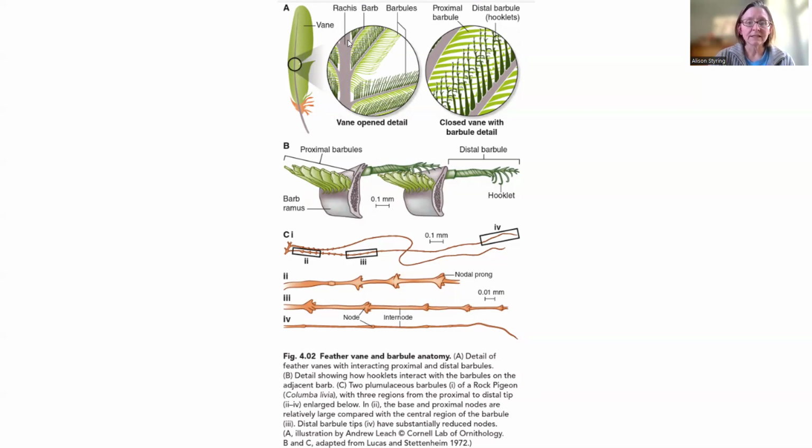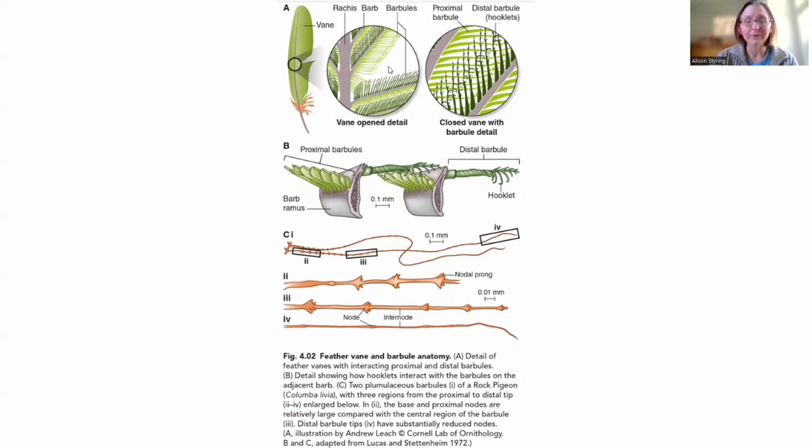What you'll see is here's the rachis, and from the rachis, most of what we're seeing of this feather are what we call barbs. And so these are also shafts of rigid, sort of straight, rigid structures, and these are called barbs. So that's what's sort of emanating out from the rachis.